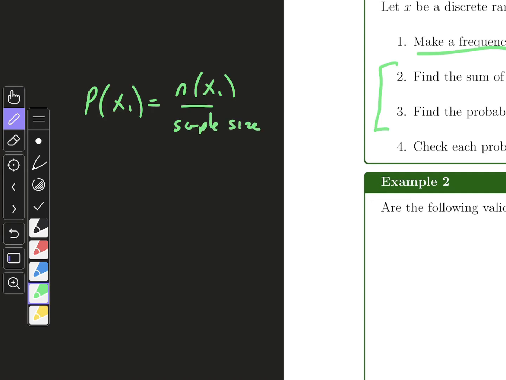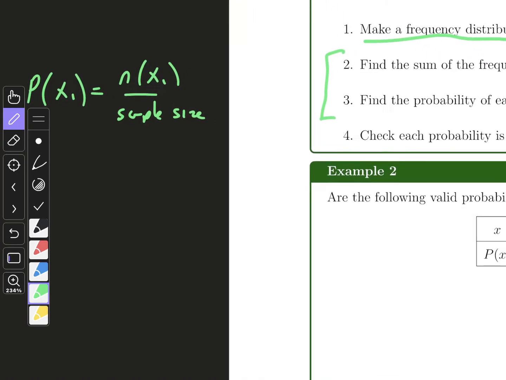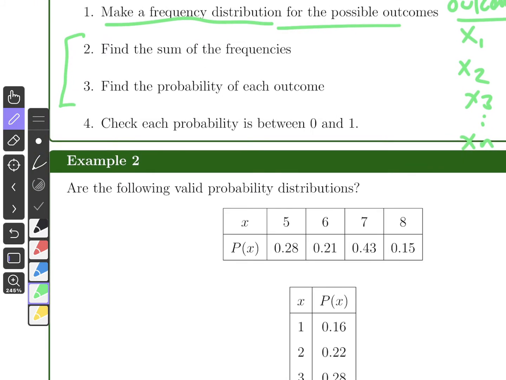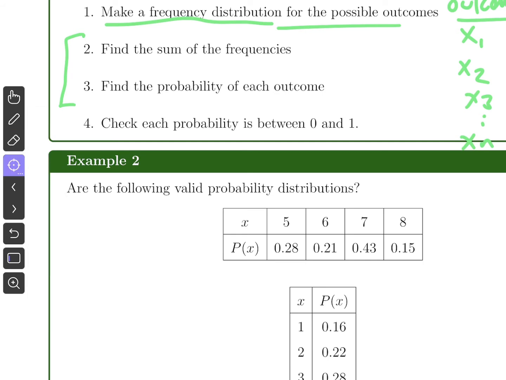This is if you're doing like an experiment. So a little different. I wouldn't worry too much about that. I think the probabilities you'll have in textbooks and homework are usually pretty straightforward. All right, and then just make sure that the sum adds up to 1 and that each probability is between 0 and 1. Again, no negatives, no probabilities over 100%.